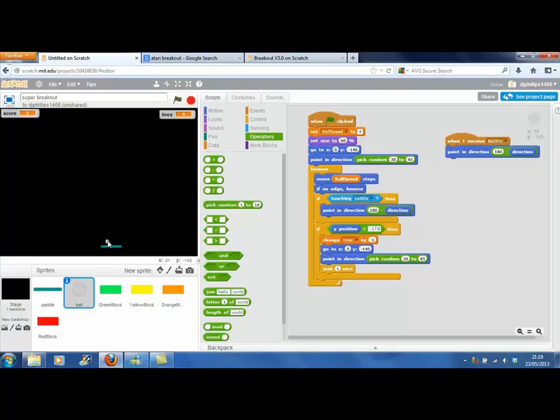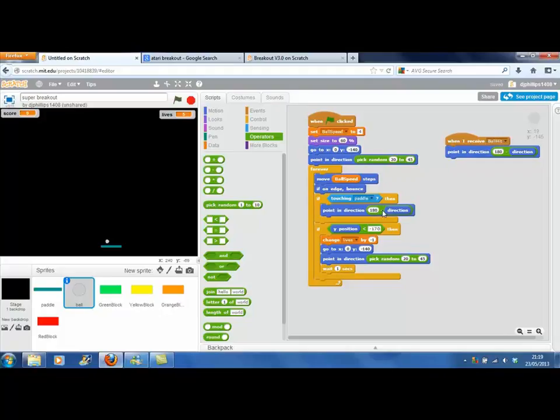At this moment, the middle of that ball, if you look at the x value, could be say 20, and the middle of that paddle is going to be about 30. So if the position of the ball is 20 and the paddle is 30, taking the position of the ball away from the position of the paddle gives me minus 10, which creates an angle that goes minus 10, kind of that way.